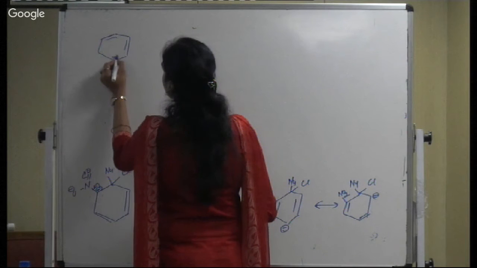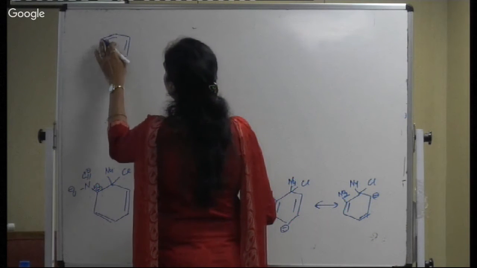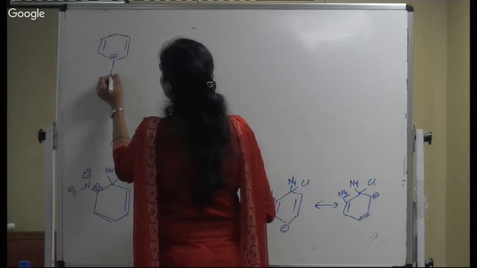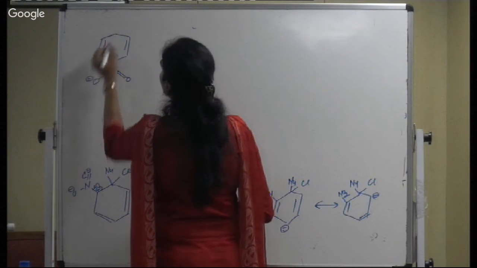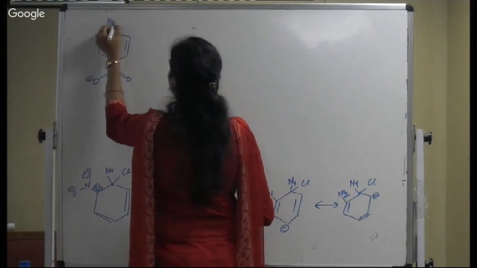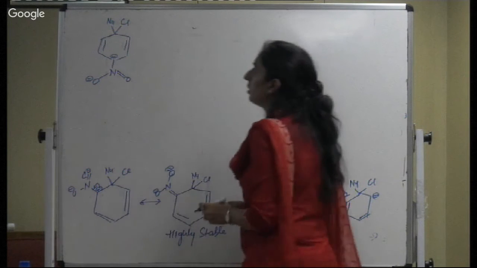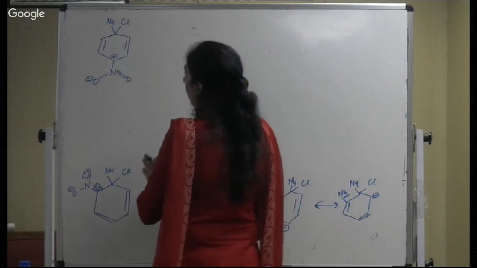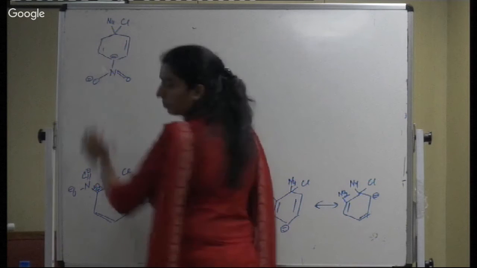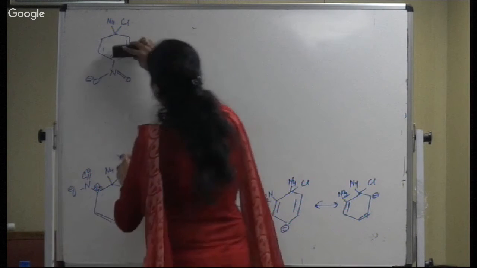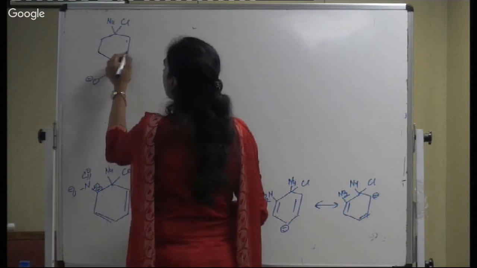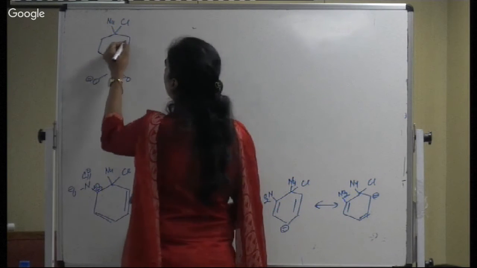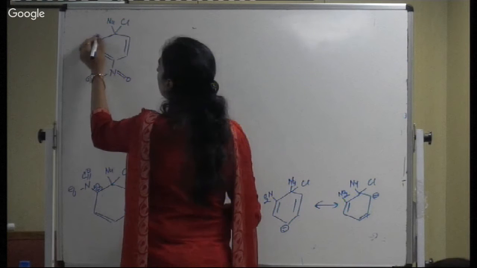Suppose nitro is present at para position. We will do the ortho and meta also, don't worry. Initially the charge will come here. I'm going to write all the structures simultaneously in this structure only. You can do it later.